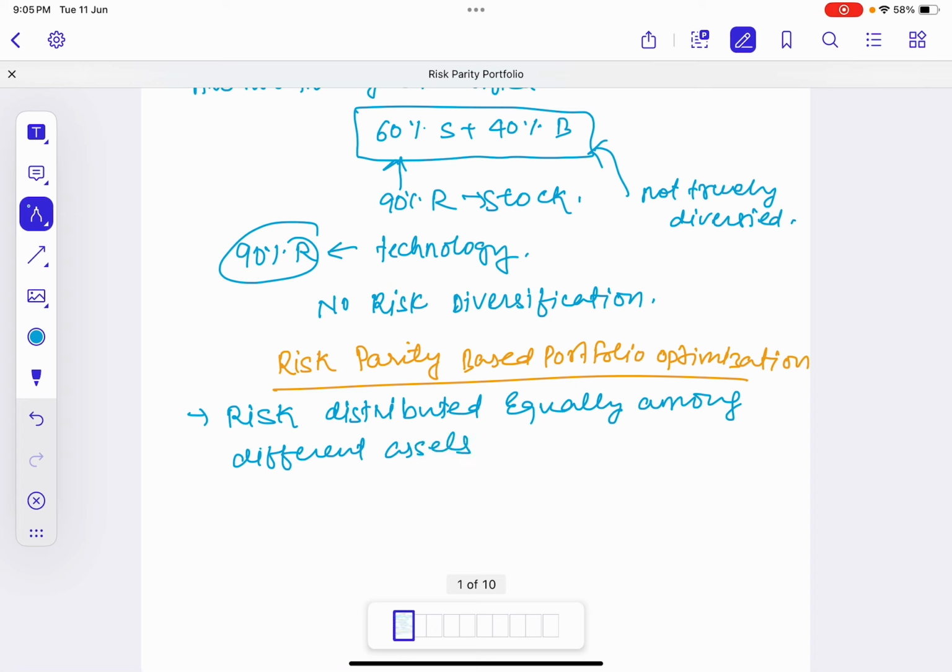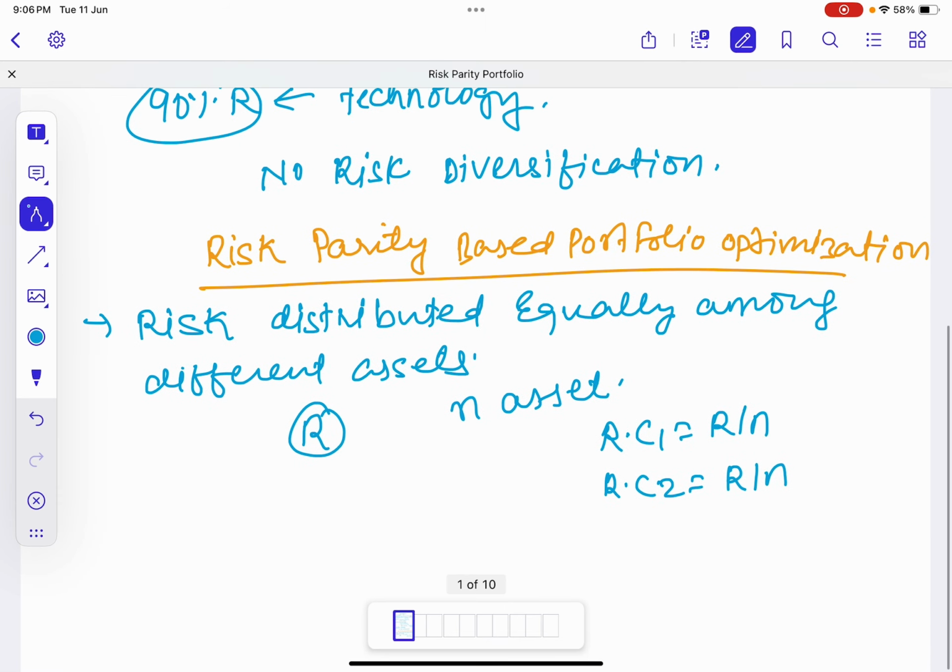It means that, let us say the total risk of the portfolio is R and you have n assets, then the risk contribution of asset 1 is R by n, the risk contribution of asset 2 is R by n. So basically all the assets in the portfolio are contributing equal risk.